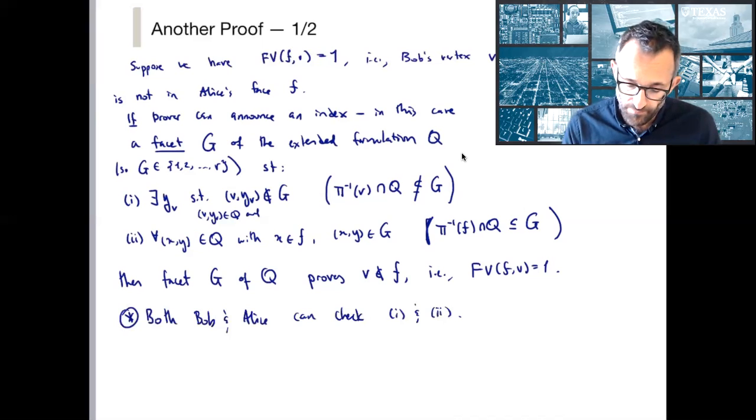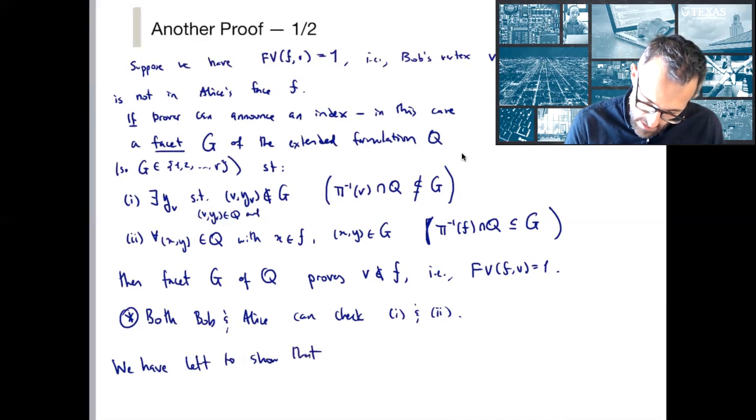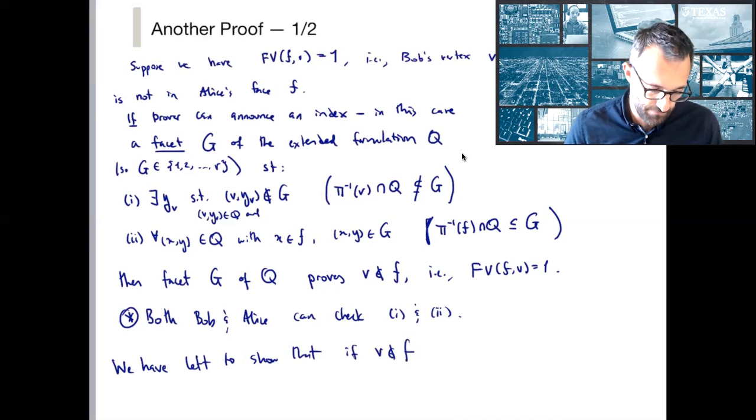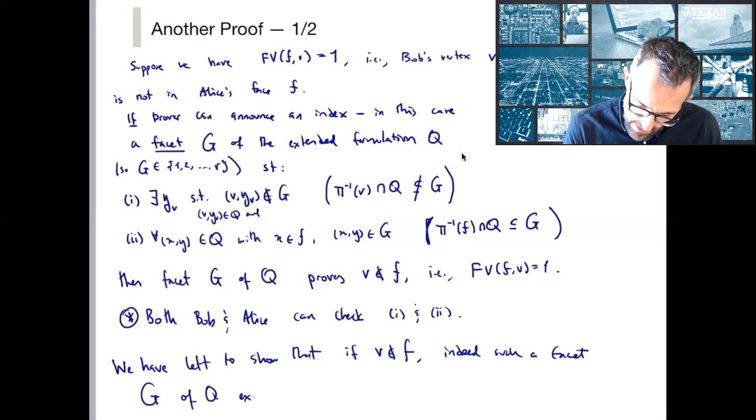So if this is the case, then this is again a second proof that the communication complexity is no more than log the number of hints required. In other words, log R. So what do we have left to do? We have left to show that if V does not belong to F, then indeed such a facet G of Q exists.